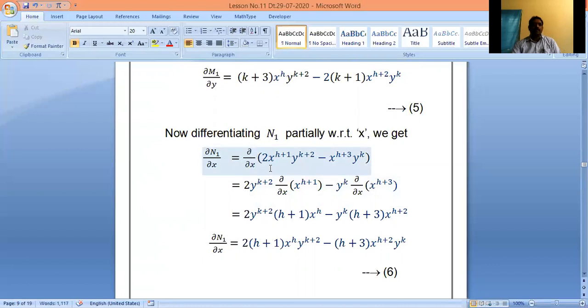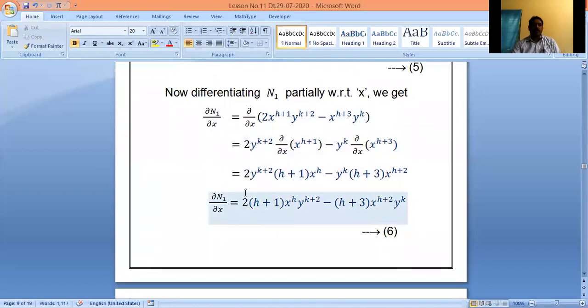In the first term, 2y^(k+2) is constant. Therefore, it can be written as 2y^(k+2) ∂/∂x of x^(h+1), minus, in the second term, y^k is constant. Therefore, it can be written as y^k ∂/∂x of x^(h+3).